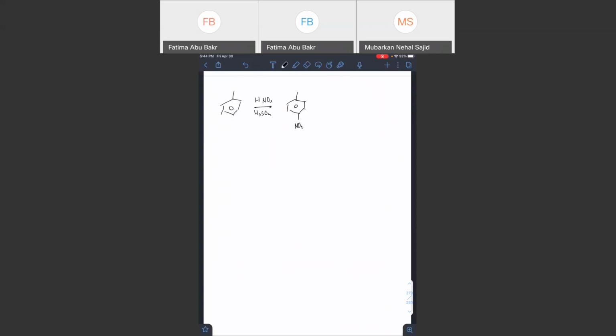From there, all we have to do is use, and I think this one is new, there are lots of different options for this, so please look at the notes, but I'm going to use Fe, HCl and NaOH. And all this is going to do is change that NO2 into an NH2.